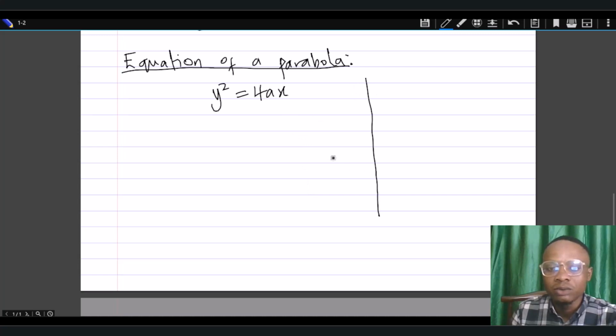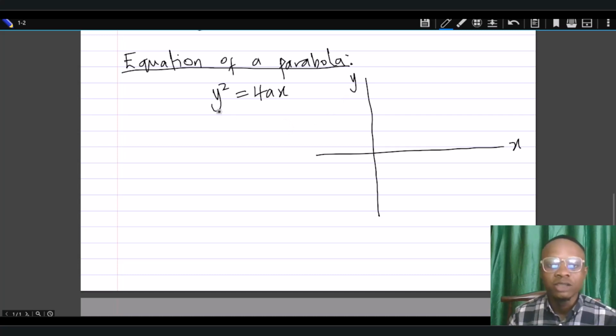The parabola will look like this. We'll have x here, and this is our y-axis. So when you see something like this, you should already know that this one is squared. Because this one is squared, first and foremost, the way it is now, if x is 0, y is also going to be 0.